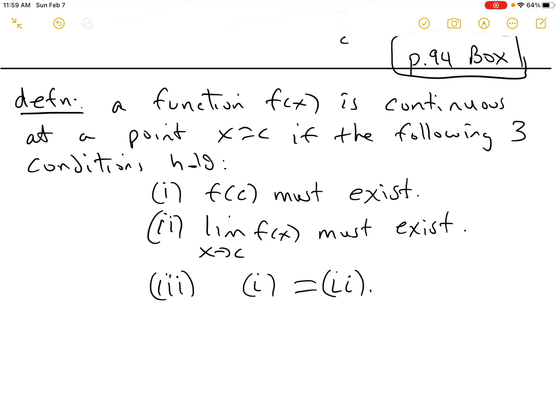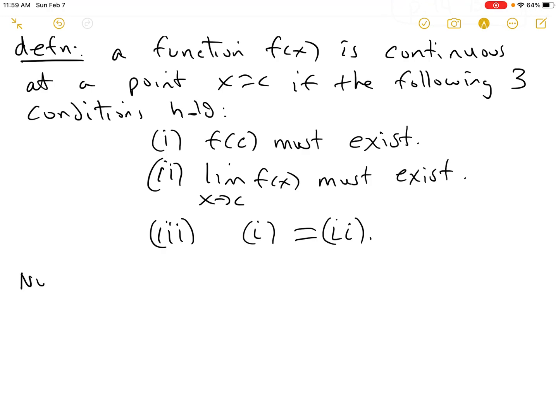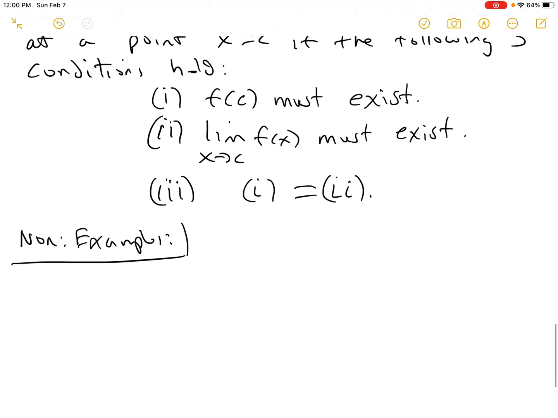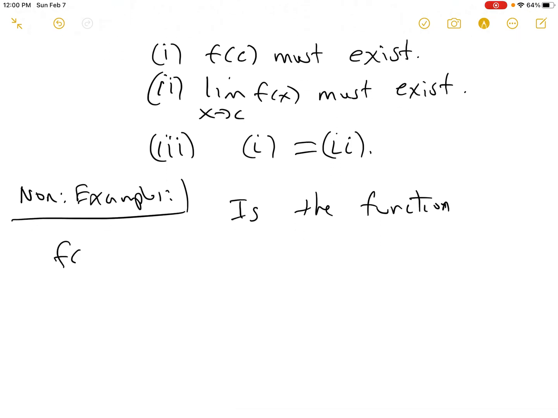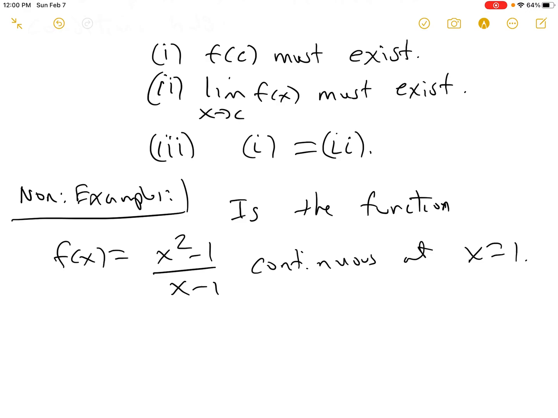So let's look at some non-examples first to show how this definition works. Is the function f of x equals x squared minus 1 over x minus 1 continuous at x equals 1?